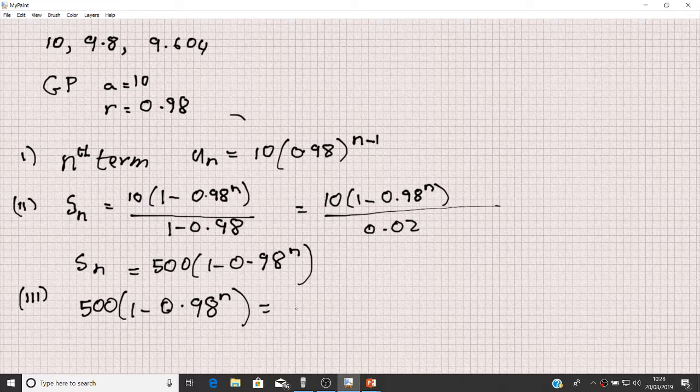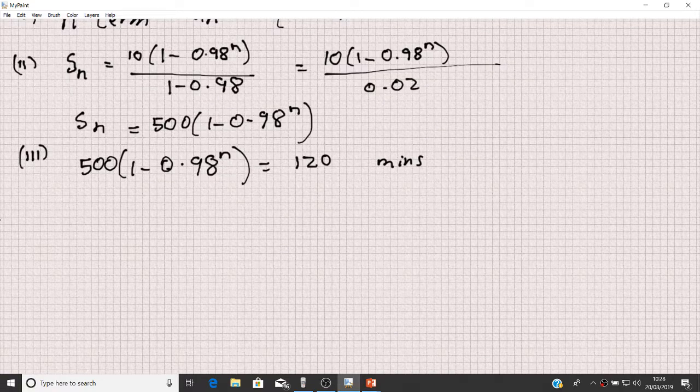Now I think I'll convert that into minutes, 2 hours is 120 minutes. And I've now got a problem where I have an unknown n in the power. I'm going to simplify that, and we will need to use our logarithms. Divide out by the 500, I've got 1 minus 0.98 to the power of n equals 12 over 50, which is 6 over 25.